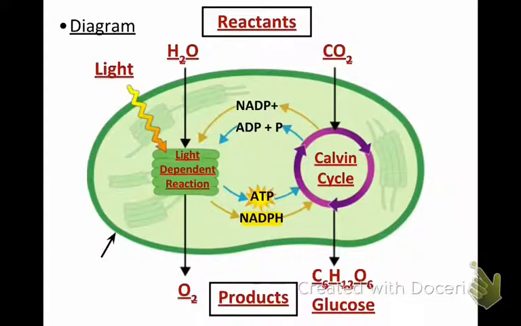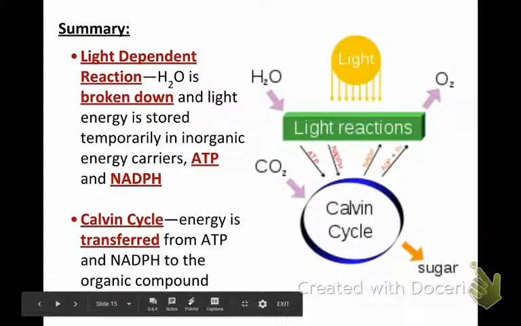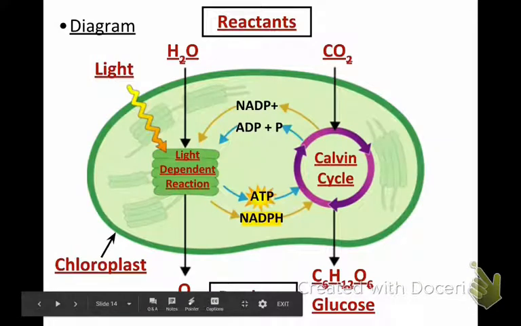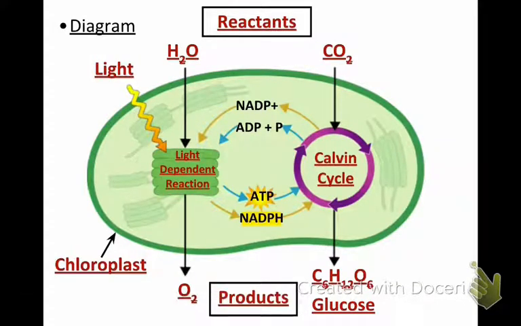So if you can see, those H's in glucose come from the H in water. So that is our chloroplast. You need me to go back a second? Chloroplast. So these are the products at the bottom. That's the result, right? And the reactants are at the top.